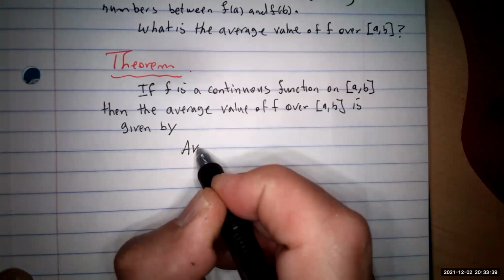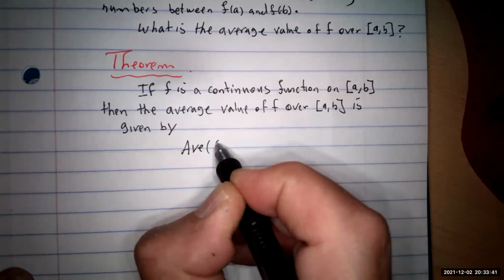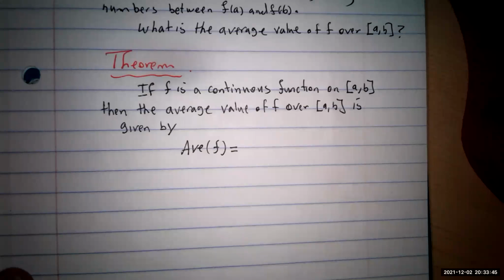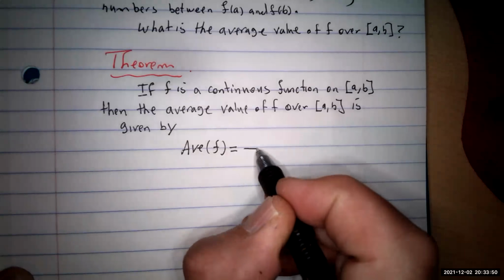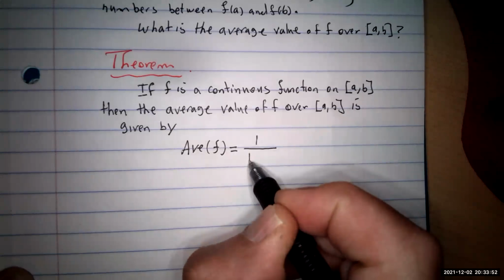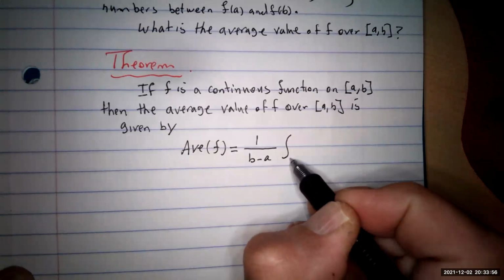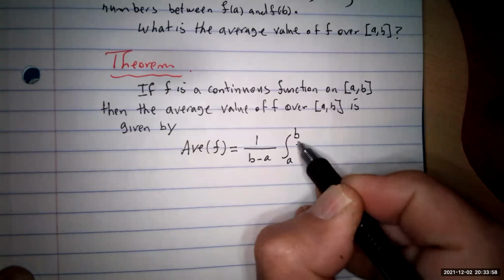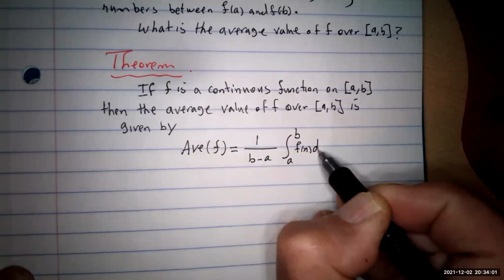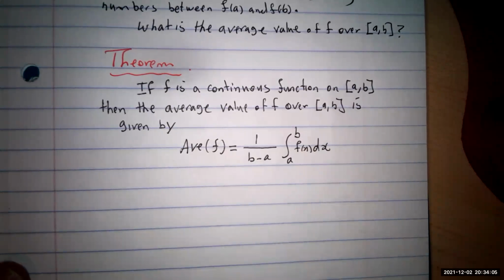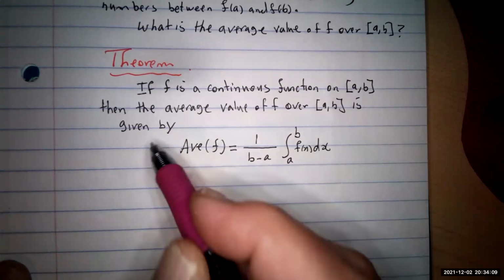Average value of f, or f average, is going to be 1 over b minus a times the integral of a to b of f of x dx. It's a kind of average because we divided by b minus a. It can be nicely proved, but we are not going to do it.